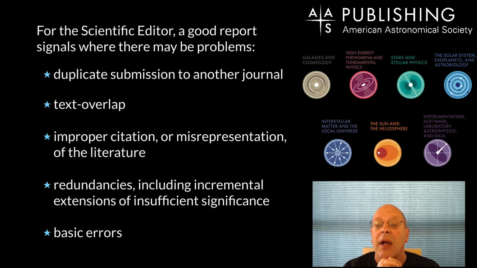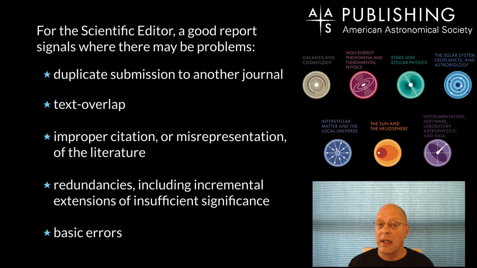For the scientific editor, a good report signals where there may be problems. Duplicate submissions to another journal, that's a no-no. Text overlap, which is usually cut and paste from authors' previous work. More egregious is outright plagiarism of other work. That should be flagged. Improper citations or misrepresentation of the literature.